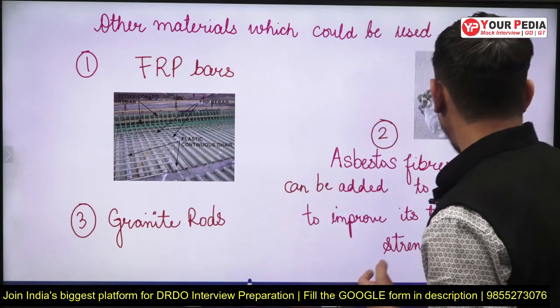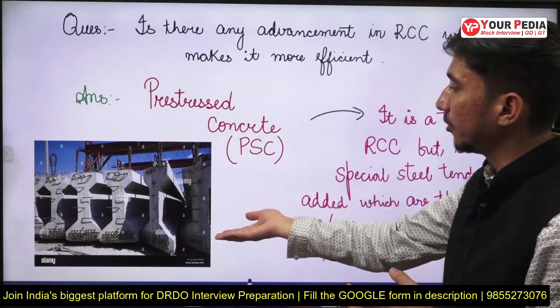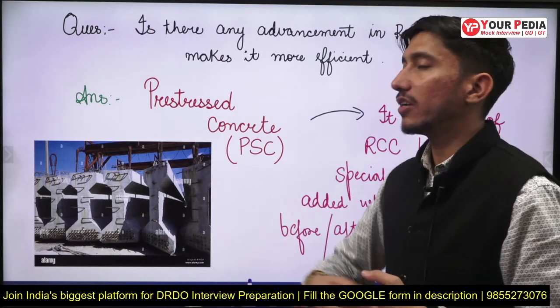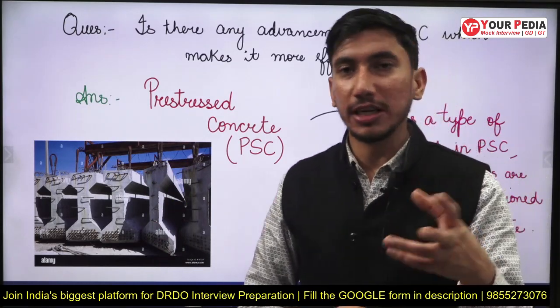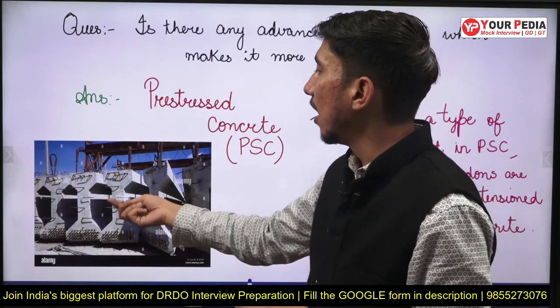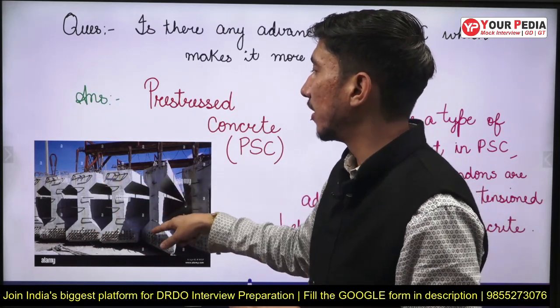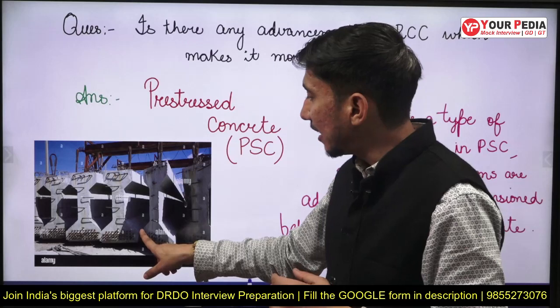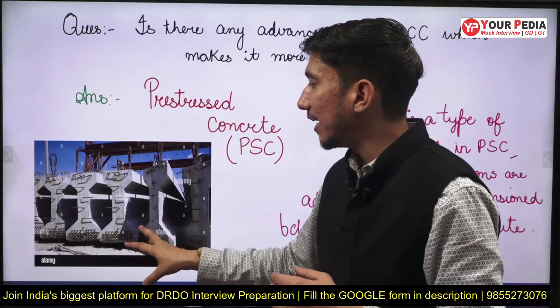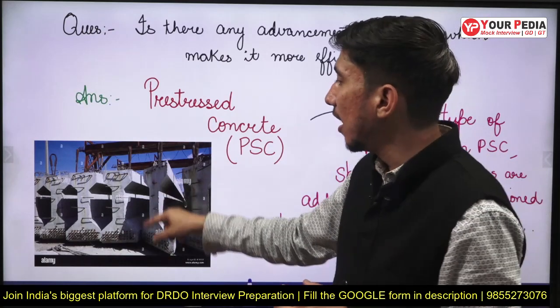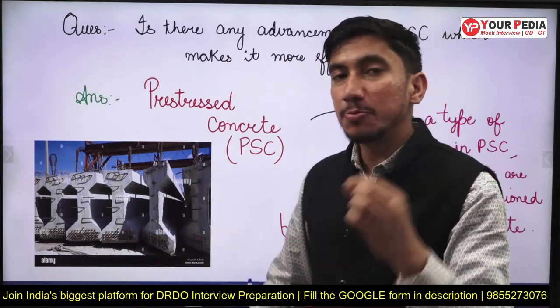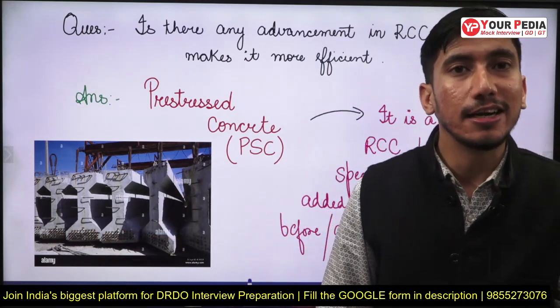Now pre-stressed concrete, as you can see in this picture, these are the pre-stressed concrete members. Now this is also an RCC member only, because as you can see, there is some steel that is being provided over here for taking the tension, but there is extra steel that is provided at certain zones, at certain specific locations in the member. These are special steel. These are called steel tendons.